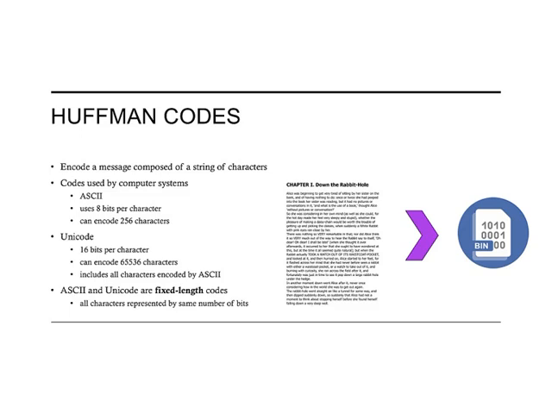Both ASCII and Unicode are fixed length codes, which means that every character we choose requires exactly the same amount of bits. So in the case of ASCII, we use 8 bits, and in the case of Unicode, we use 16 bits.